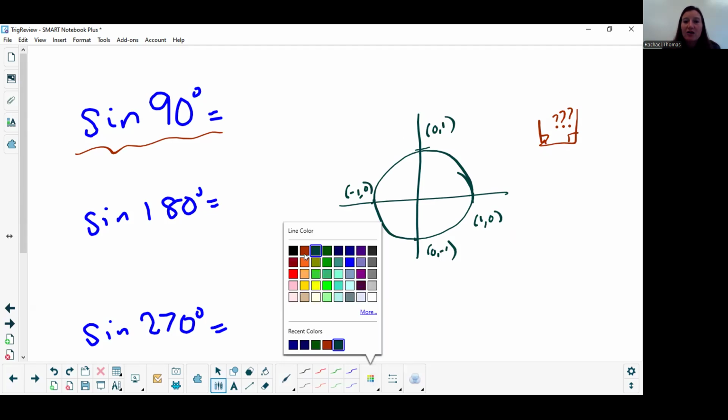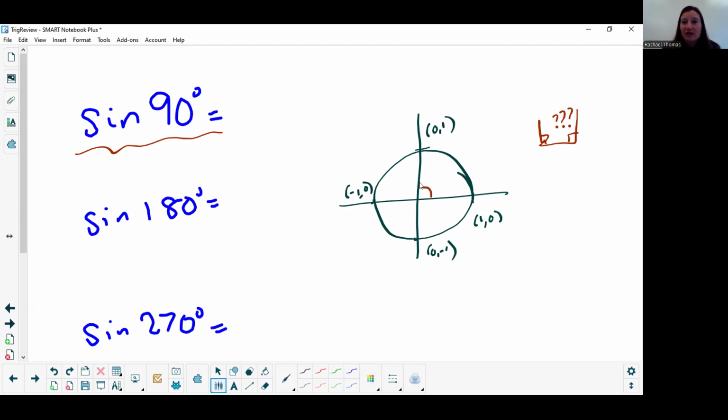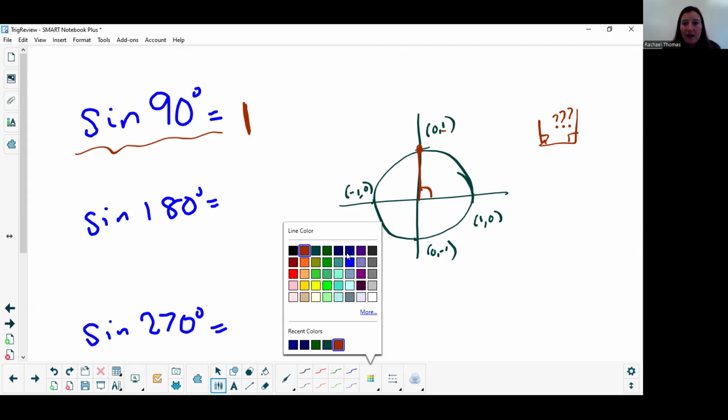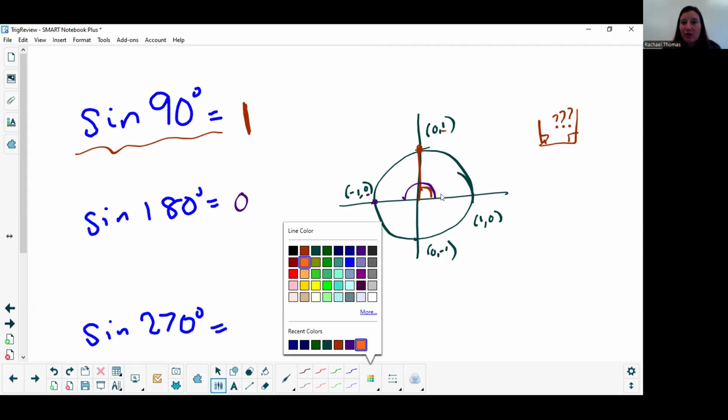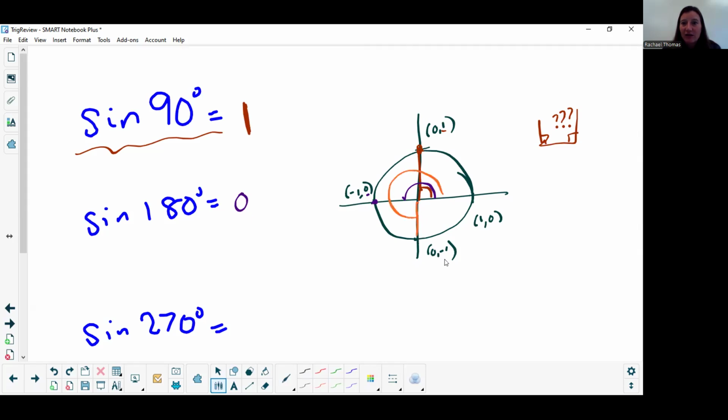Now I can talk about the sine of 90 degrees. Just go 90 degrees. Sine is the y coordinate, and the answer is 1. The sine of 180, all the way over here, the y coordinate is 0. Sine of 270, you get the idea now, right? If I go all the way 270 degrees, that's down here, the y coordinate is -1.